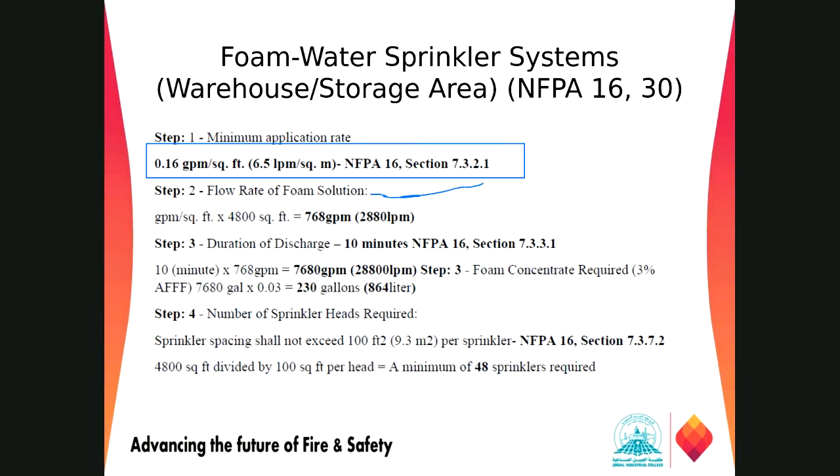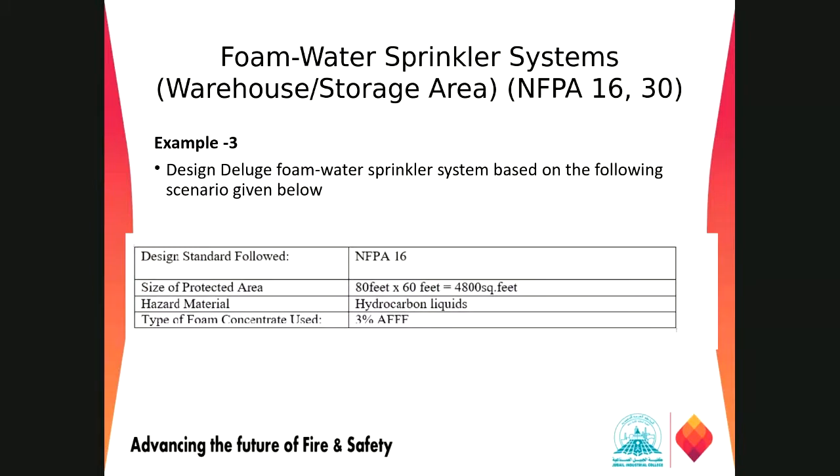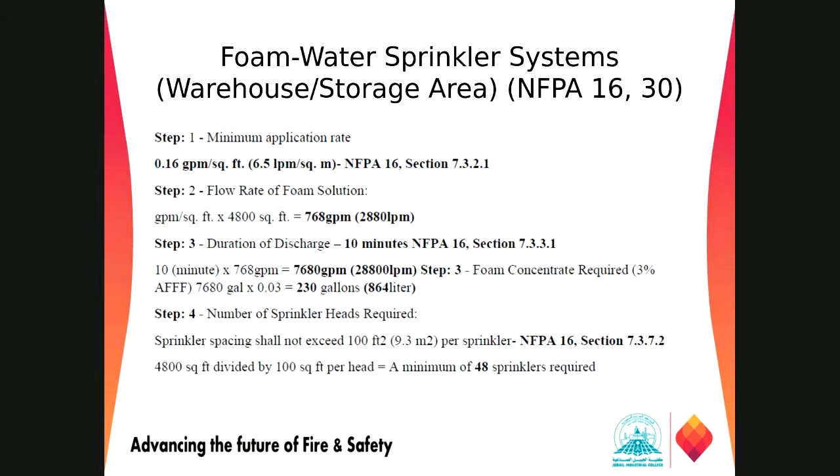So we multiply 0.16 by 4,800 square feet and we get a value of around 768 GPM. So for this area, we need 768 GPM.